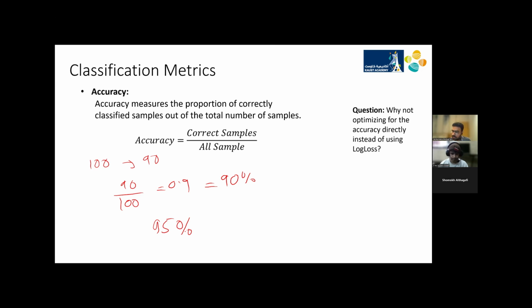So let's say you were trying to do spam and non-spam filtering. And all your dataset had was, in your samples, 95 non-spam emails and only 5 spam emails. But your model was a bad model, and for every input, it said that this is non-spam.